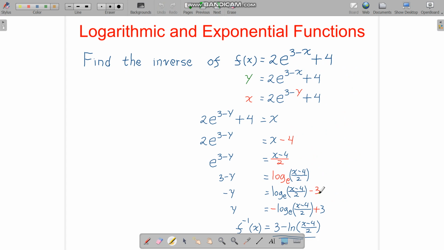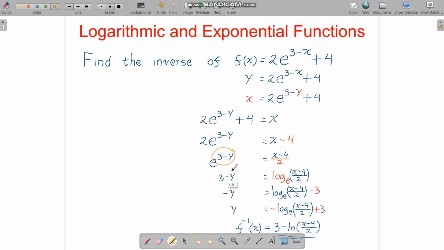Find the inverse of the function. So to find the inverse, we use the usual procedure. We call this y, and we swap the x and the y, and we can switch sides because we are solving for y. We want the y to be on the left. Subtract 4 from both sides, divide both sides by 2, and then we use the definition of logarithm. This is the base, so it's now the base of the logarithm.